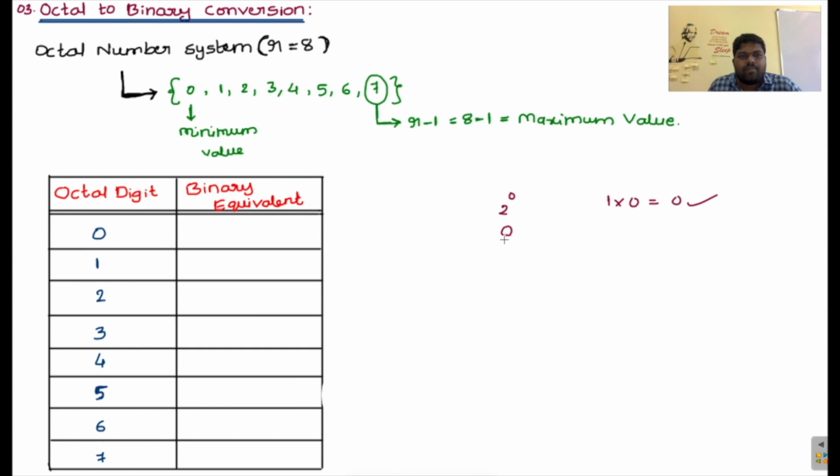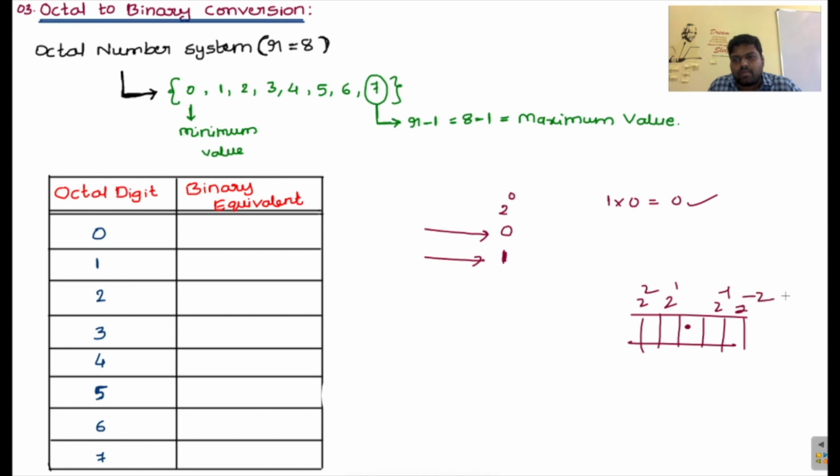0 is enough. Next I want to represent a binary equivalent for octal 1. That means what, I will take 1, right. So this 0 and for this 1. 1 means, what is the decimal value of 1? For example, you have a number representation like this: this is your decimal point, and this is 2 power 1, 2 power 2, and this is 2 power minus 1 and 2 power minus 2, right.